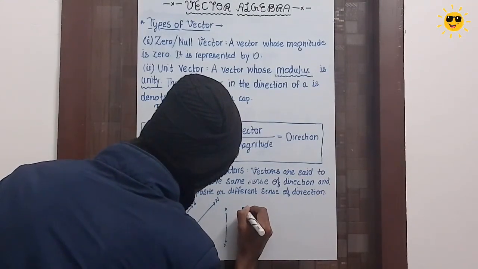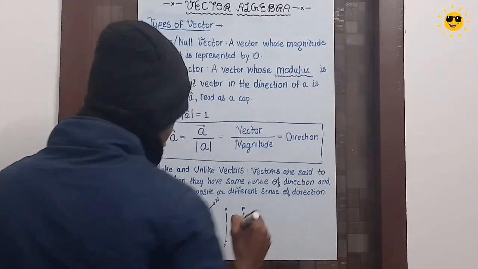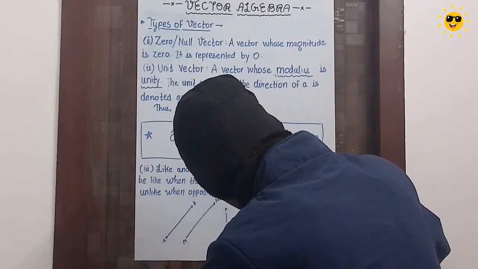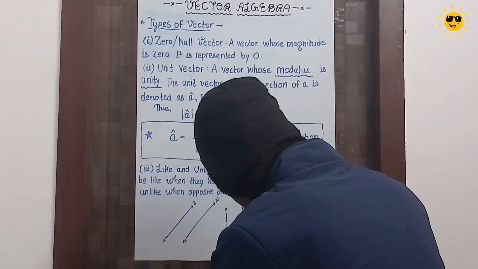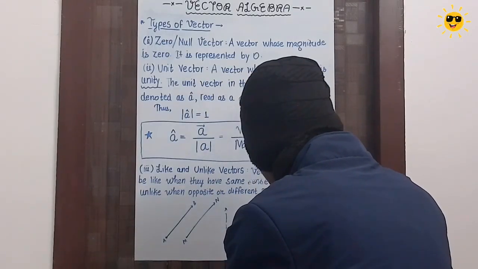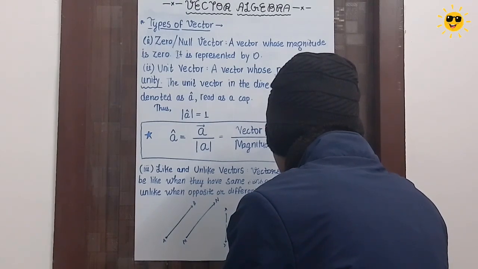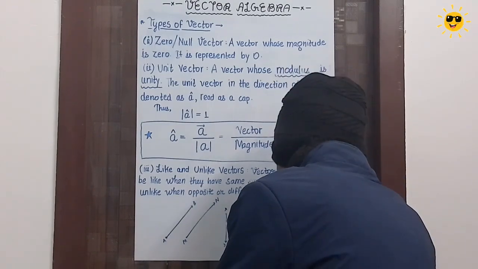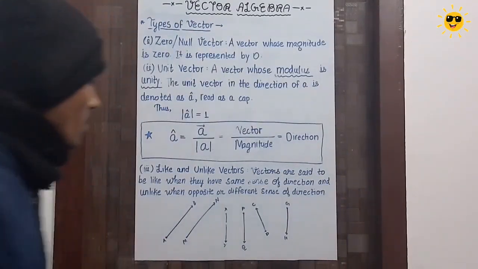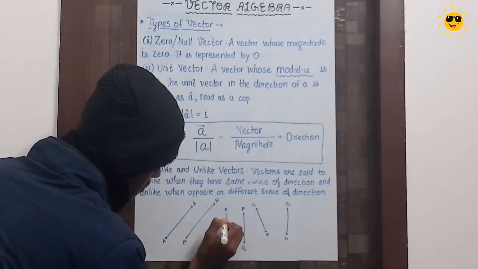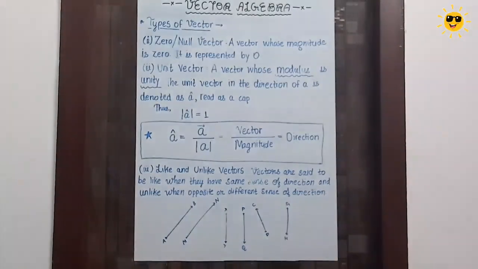This is PQ vector. This is CD vector. And this is GH vector. Now I have drawn six vectors in front of you.